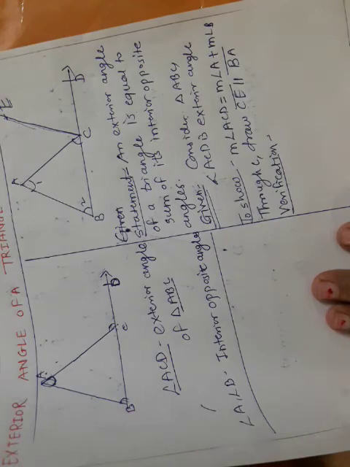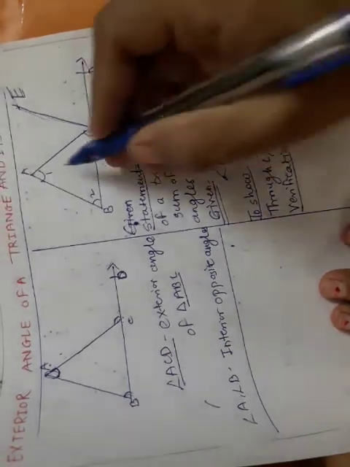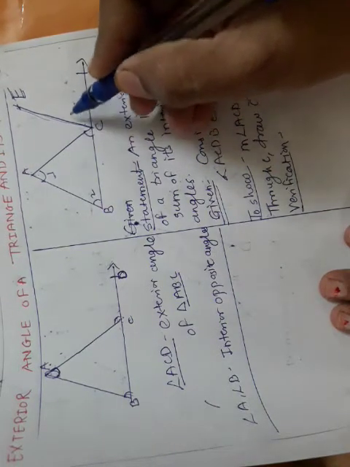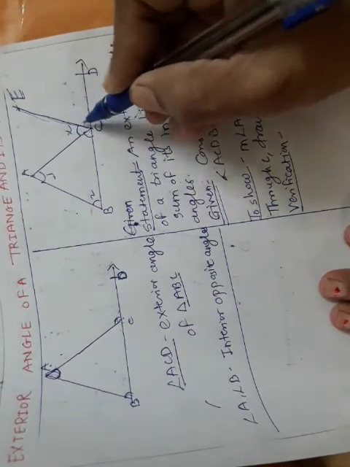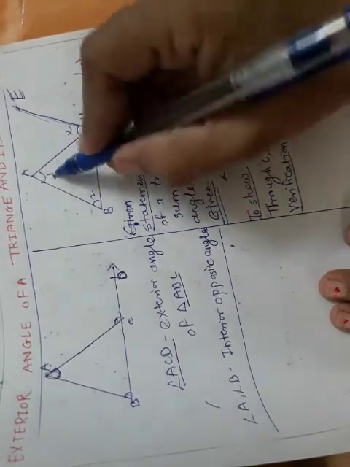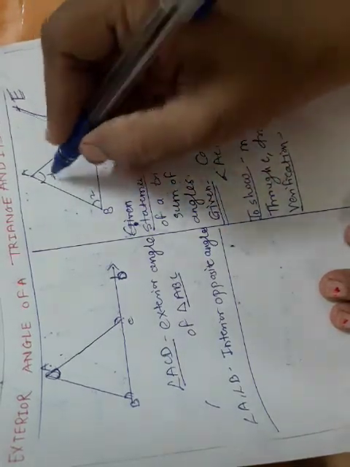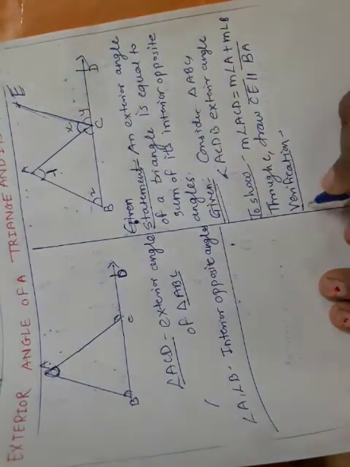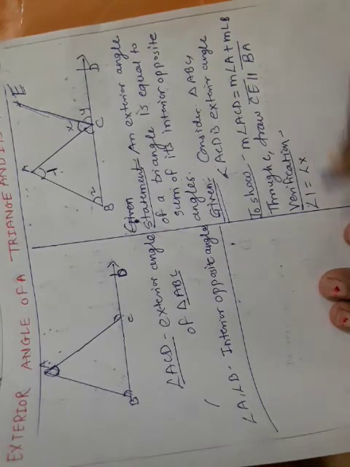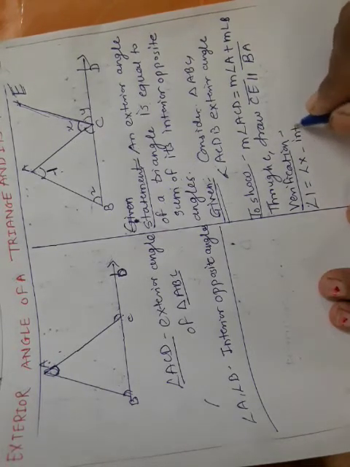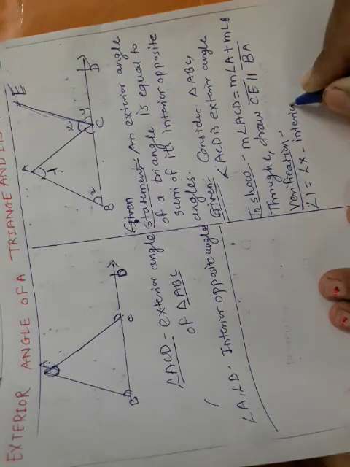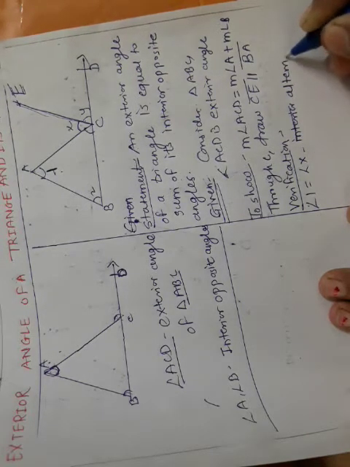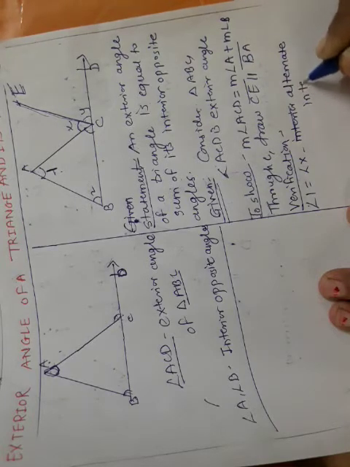In the verification, angle 1 is equal to what? Angle X. Here is angle X, and here is angle Y. Angle 1 is equal to angle X. Why? Because these are alternate interior angles.